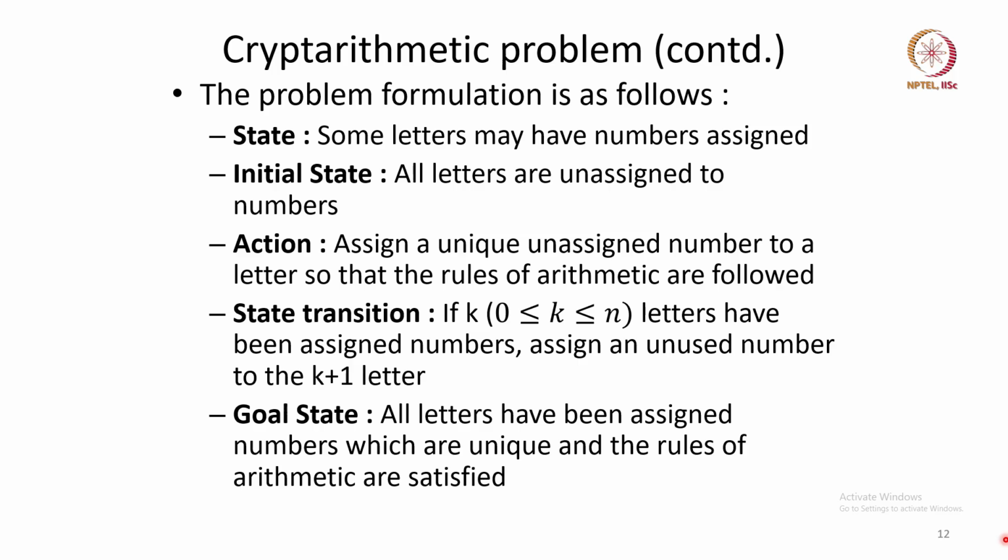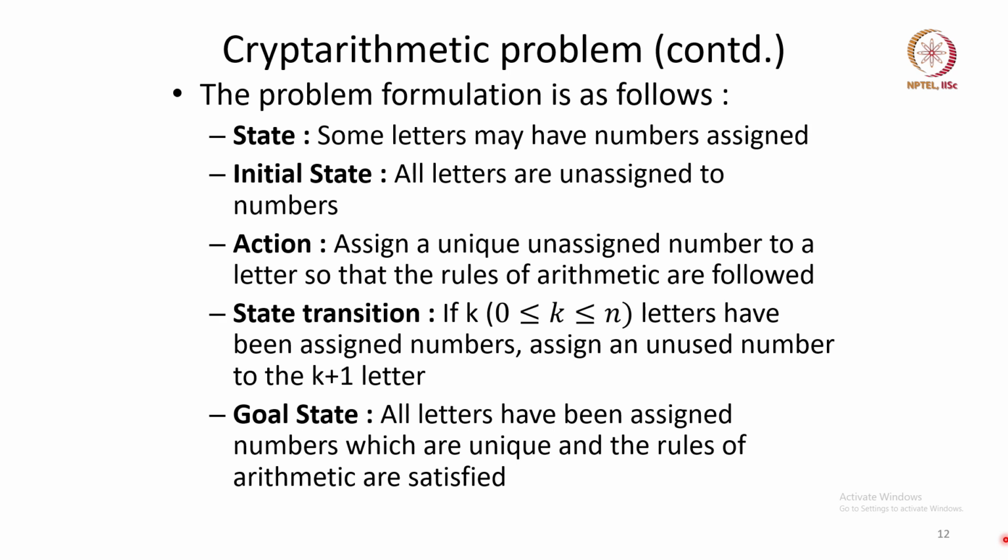So let us look at the formulation now. What is a state? A state is some letters which are associated with some numbers and some letters which are not. You also have unassigned letters. And in the initial state, all the letters are unassigned. And an action is to assign a unique unassigned number to a letter, so that the rules of arithmetic are followed.